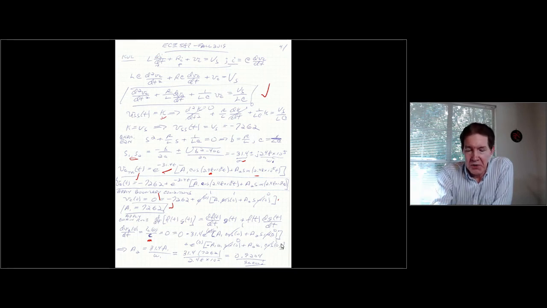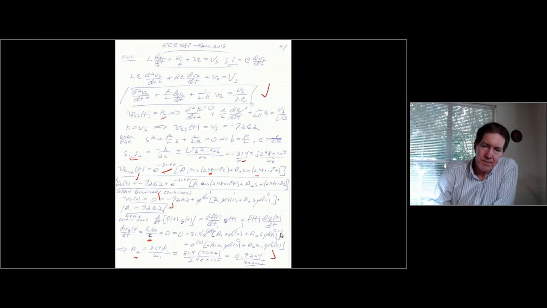But the term we're interested in is the A2 term, where the sine, when you take the derivative, gives us omega times a cosine. And when we then process this, we can solve for A2, where A2 is 31.4 times A1 over omega 1. And we end up with 0.9204 for A2.